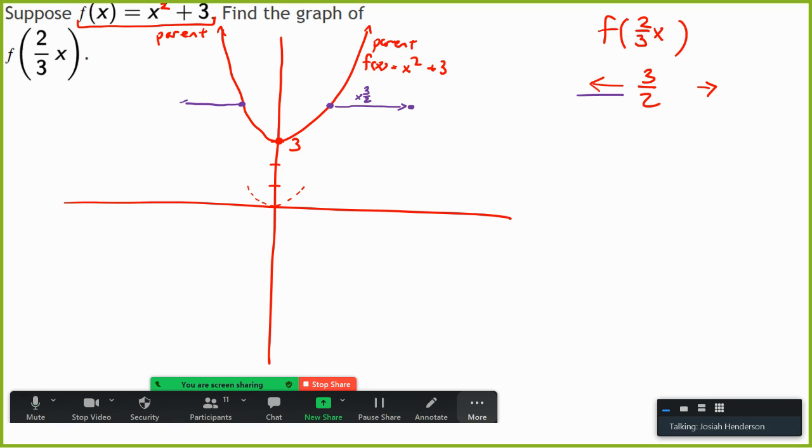It's going out more negatively, times 3 halves. So in purple now, we've got f of 2/3 x. Think of it as like the height of my points that I'm picking to follow this are staying the same. But the xness, the horizontalness of it, is being stretched or compressed by whatever the number is that we need to use, which in this case is 3 halves.